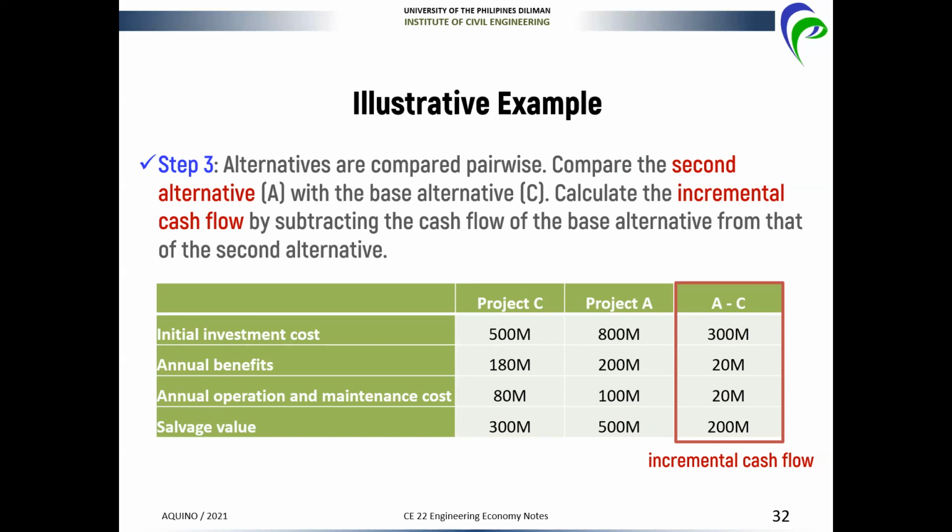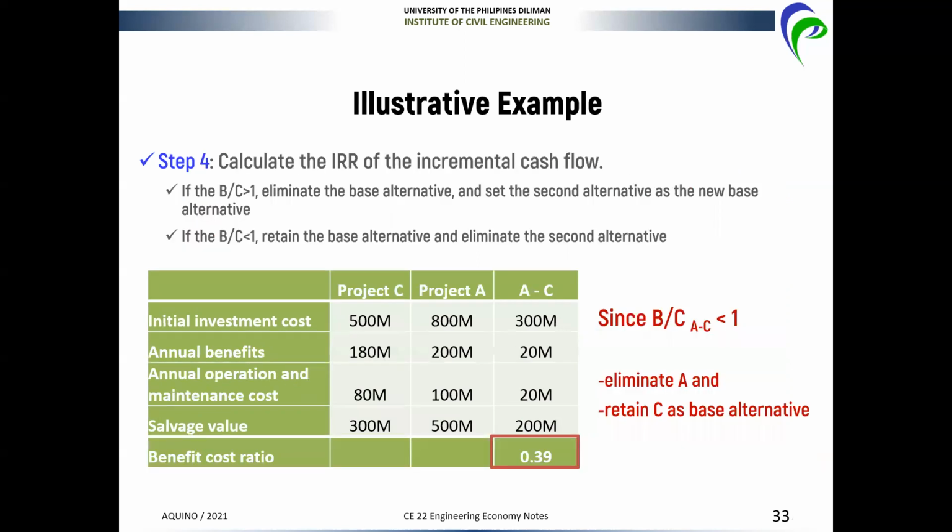Now, if we calculate the benefit cost ratio of this, it will give us a benefit cost ratio of less than 1. So what do we do? We eliminate alternative A. So, we drop project A, and we retain project C as our base alternative.